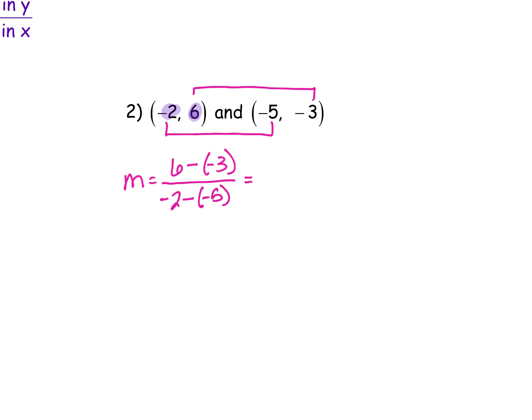What does a minus become? Positive. So 6 minus a -3 becomes 6 plus 3. What's 6 plus 3? 9. Lovely. And I have another minus a minus: -2 minus a -5.